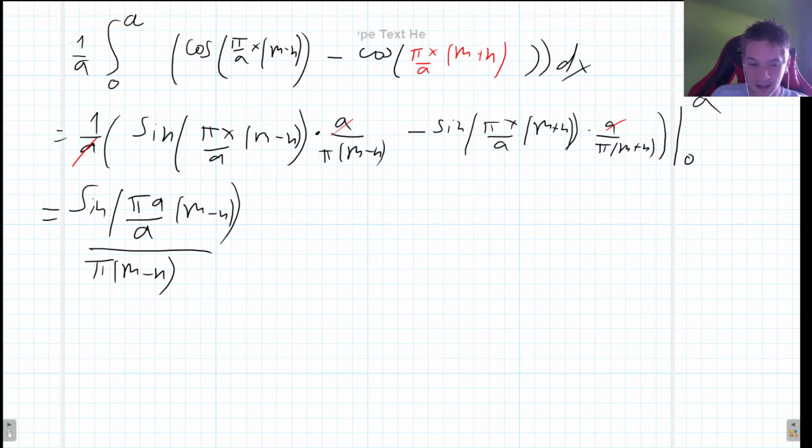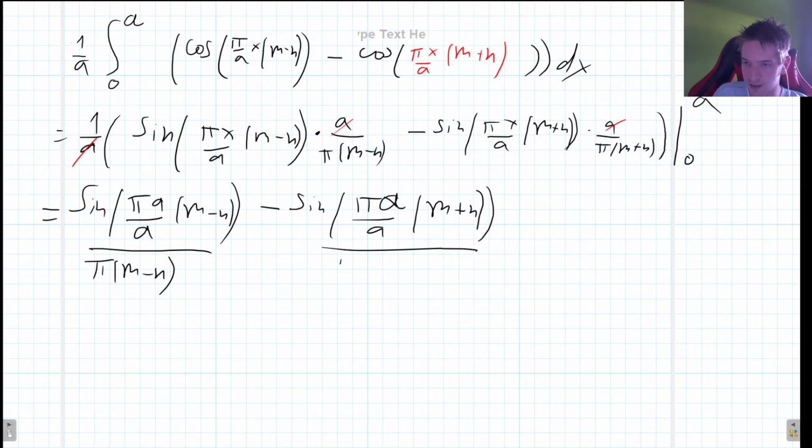Okay, so now this is when we evaluate the first at a, but when we evaluate it at 0, we get minus sine of 0 times this whole thing, but this is just 0, so there's no need to write this down. So now let's take a look at this right here. So we get minus sine of pi a divided by a times (m plus n), divided by pi (m plus n).